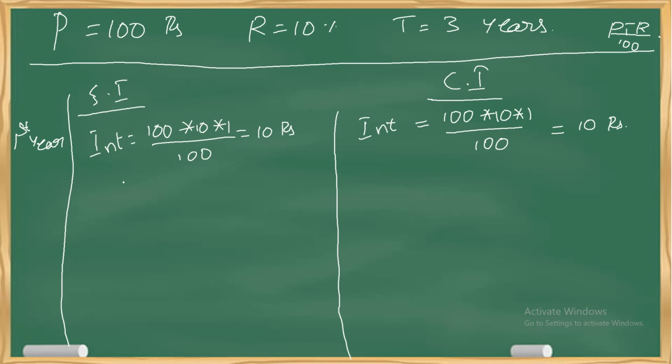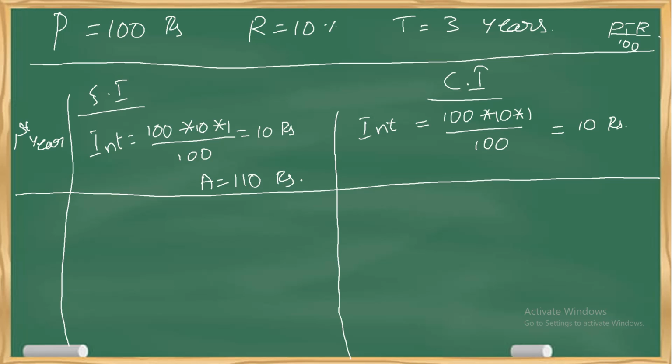So first year there is no difference. But here the amount will become 110 rupees I am supposed to pay after 1 year. Here also I am supposed to pay 110 rupees. But this will be taken into consideration as P for the next year.